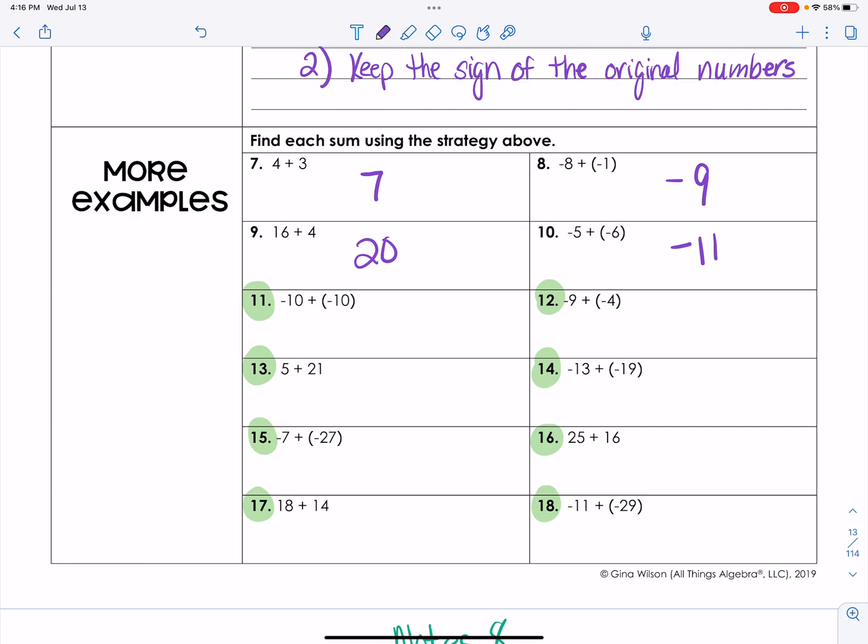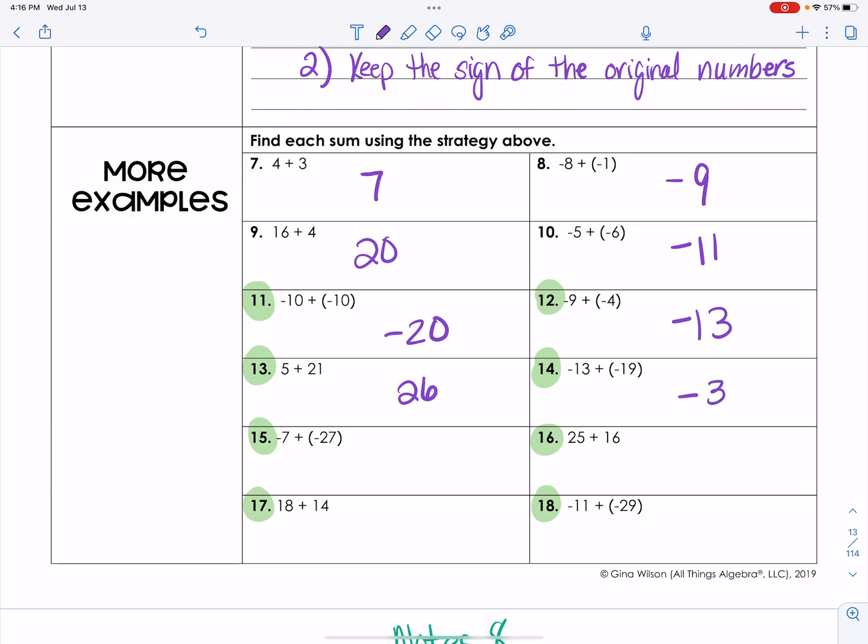These are both negative, and kids always want to put 0 for this, but you've got to think about those red dots we had. You would have 10 red dots and 10 red dots, and together that's a -20. On this one, you add them together, it's 13, but it's a -13. This is 26.